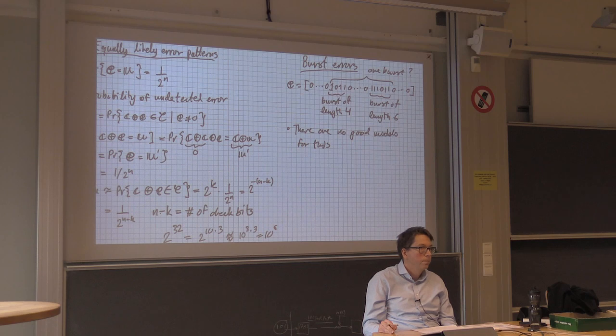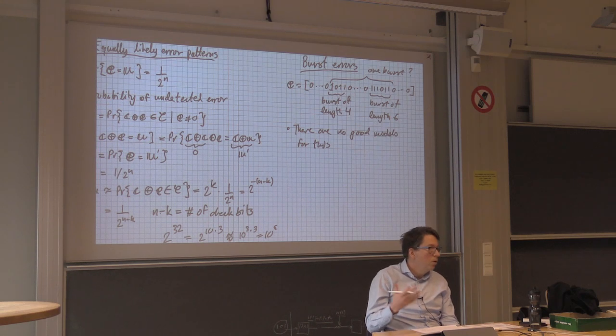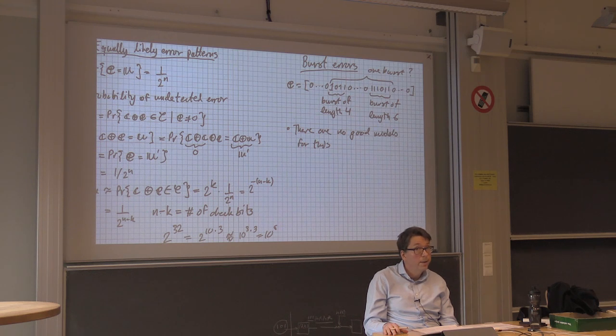The problem is, since we don't have any good models, there is no probability for these events to happen and so forth. But regardless, we would like to say that the code is able to handle burst errors, but we can't really calculate the probability of this happening.